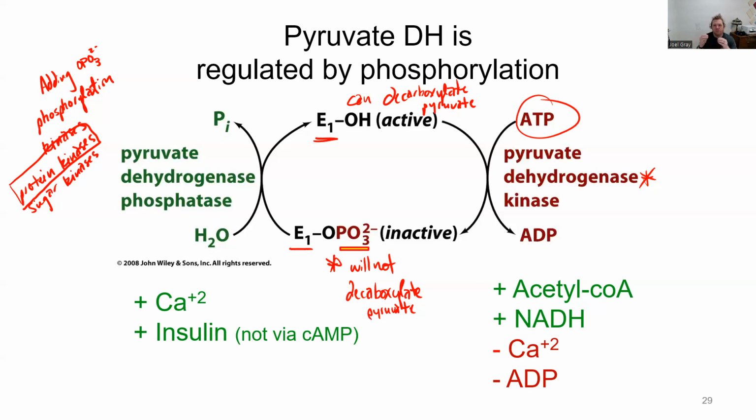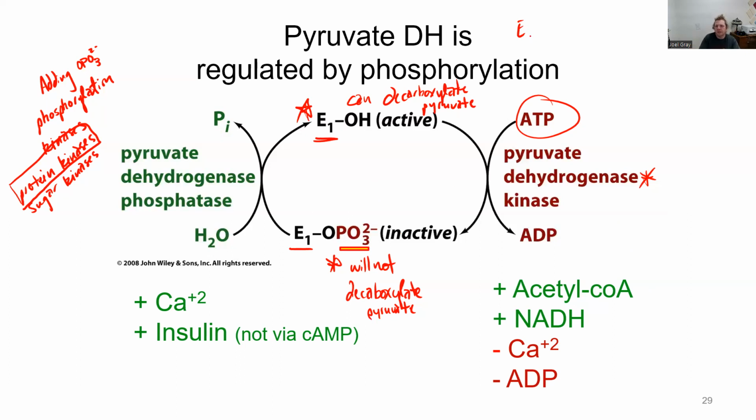If you have a very low concentration of NADH, that's an environment where you're going to want to have an active pyruvate dehydrogenase complex. So you're more than likely going to have the dephosphorylated E1. So these kind of work in concert with one another.